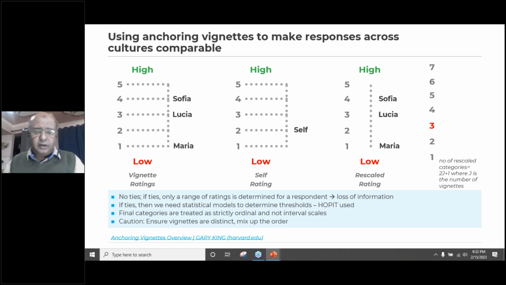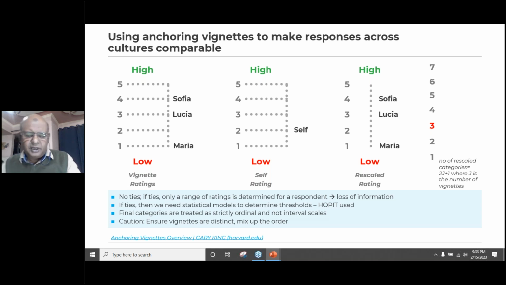Of course, this particular individual cannot score below Maria, but someone else who scores Maria a 2 and gives herself a 1 would have scored herself below Maria and would have scored a 1. Now this method works if there are no ties in the ratings. Where there are ties in the ratings, more complex methods have to be used.